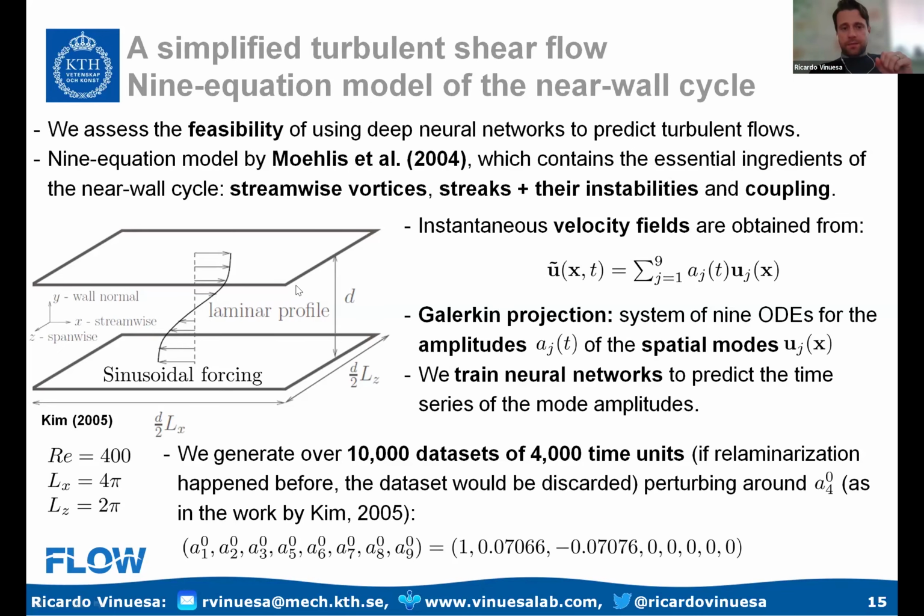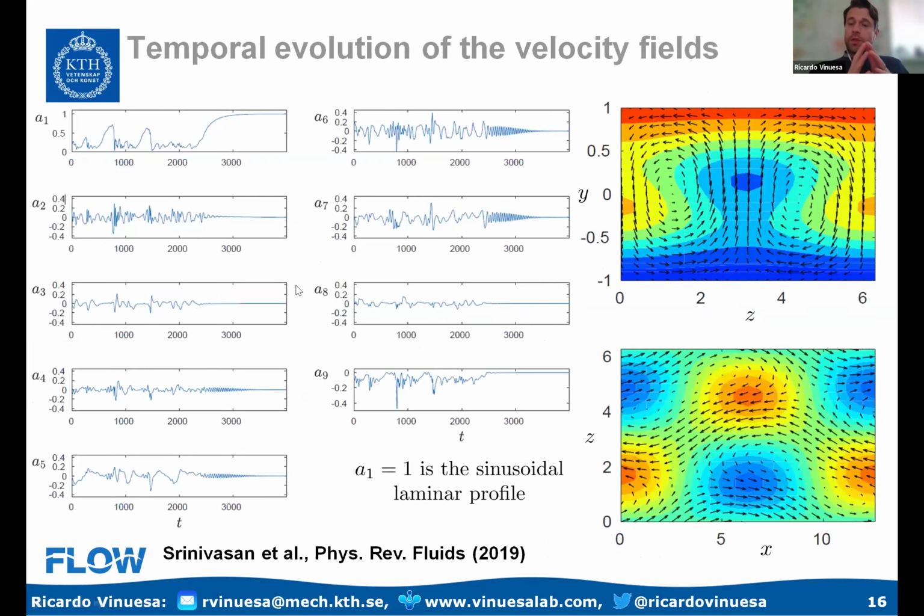In this data set, if we go to the next slide, I'm showing you the temporal evolution of 9 coefficients, the 9 temporal coefficients of these 9 spatial modes. In this example, after 3,000 time units, the flow relaminarizes. This means that the first coefficient is constant and the rest of the coefficients are 0.